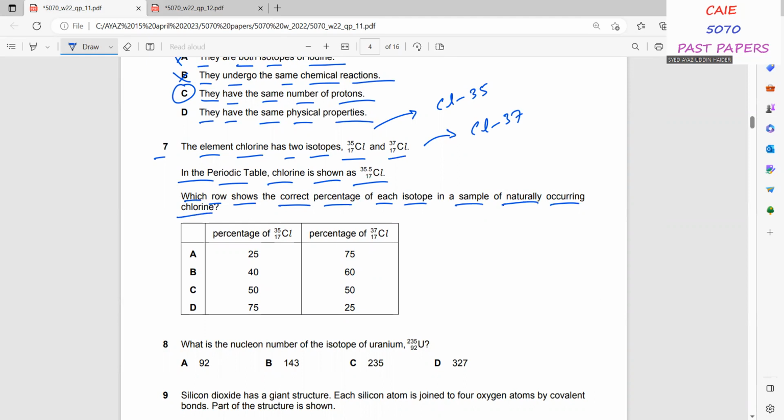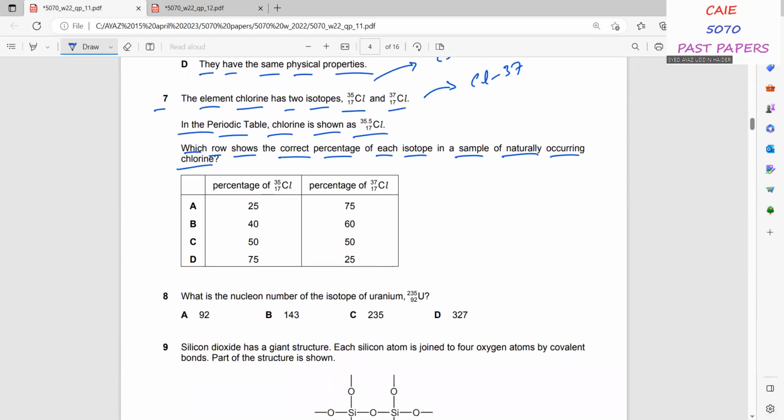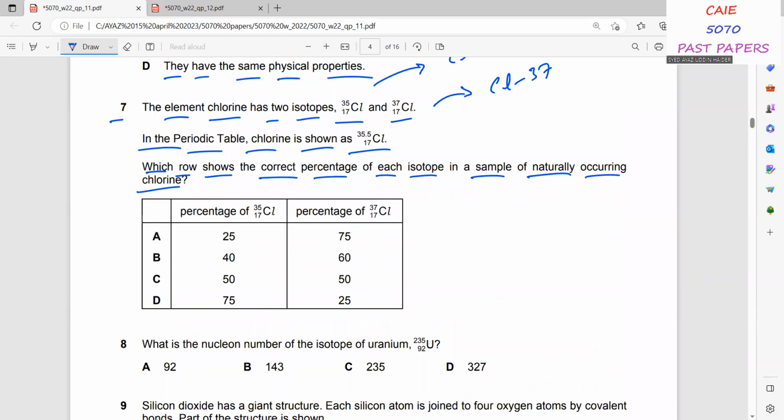Now here we need to do some calculation. Let's consider the percentage for Cl-35 as X. So I will write 35X divided by 100 plus. Automatically the percentage for chlorine-37 becomes 100 minus X. So we write 37 times (100 minus X) divided by 100.